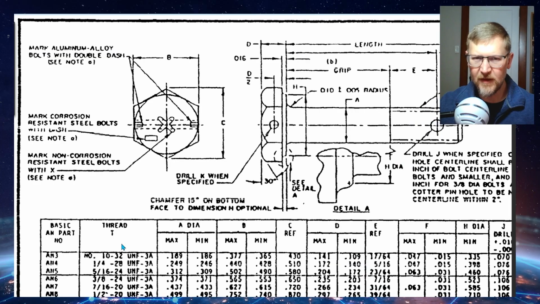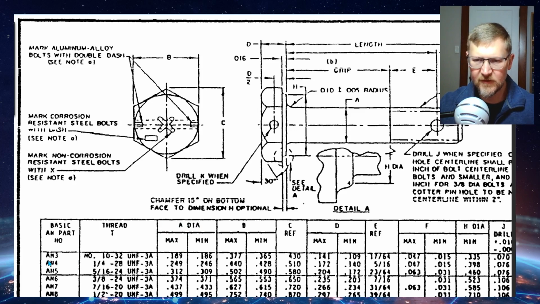But the important aspect that I want to highlight here is that every fastener is going to have some tolerance to its diameter. In this case, the drawing shows that letter A is the dimension for the bolt diameter. If I go down to the specification table and look at the specifications for letter A, I can see it listed as a minimum and maximum dimension.